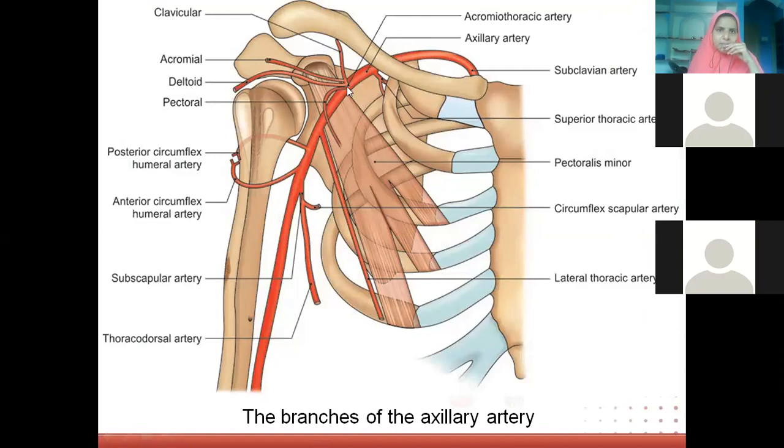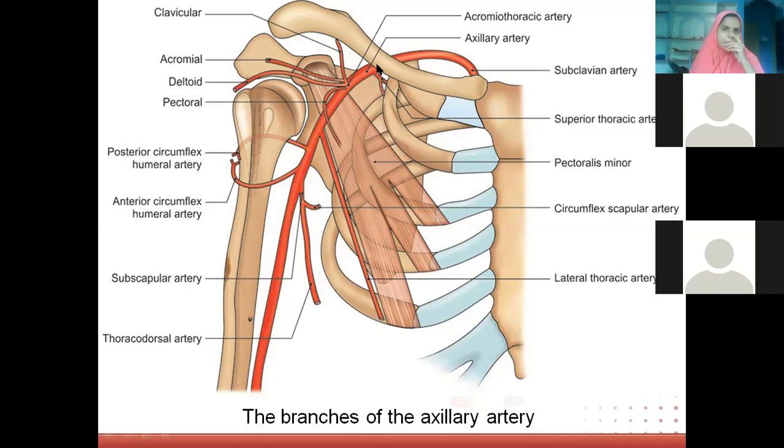Now see, this is our pectoralis minor muscle, which is marking as a landmark. Above that, this is the subclavian artery, the continuation is the axillary artery, and this is the first part. From the first part, we have the superior thoracic artery. Explanation is given for each branch, and you should elaborate each. The superior thoracic artery is a very small branch which is usually cut when we are doing dissection and trying to expose the pectoralis major muscle.